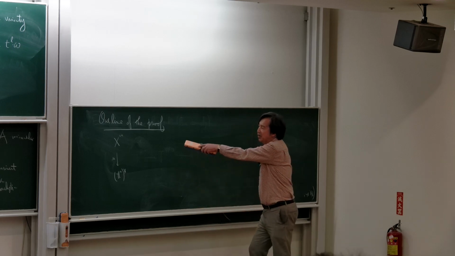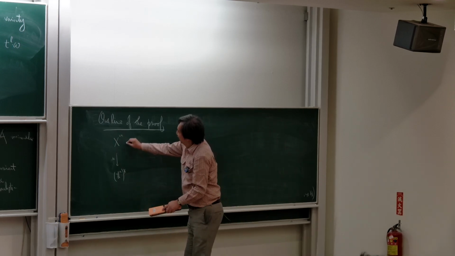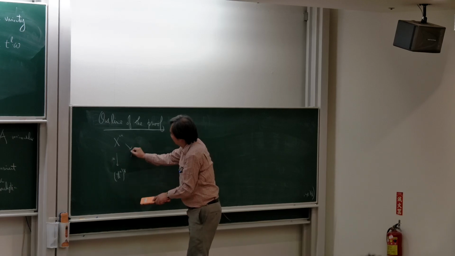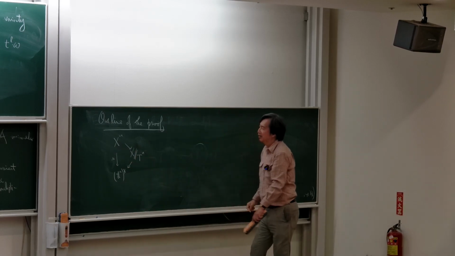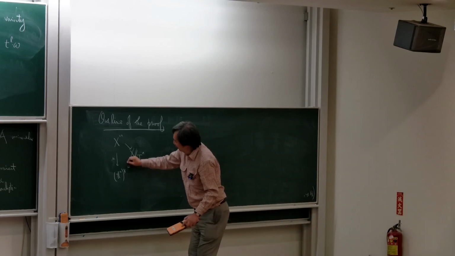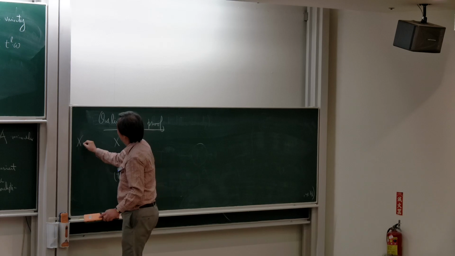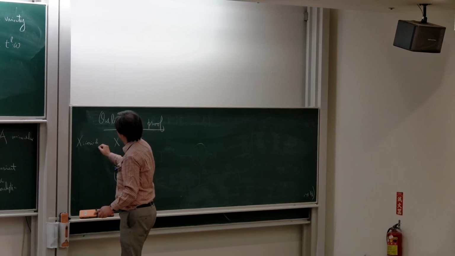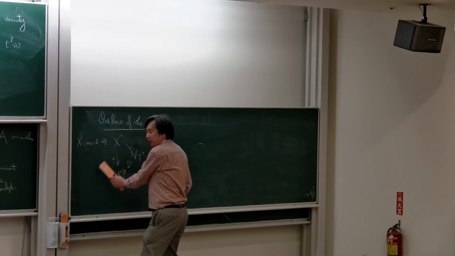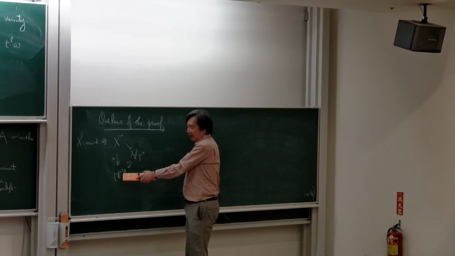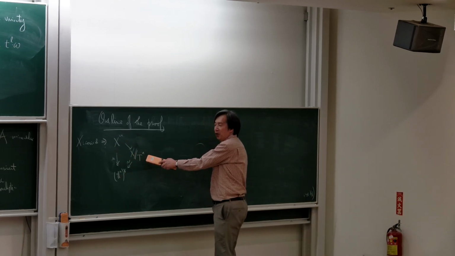Usually this moment map factorizes to a quotient map of Tn, but this is isomorphic, and this is surjective. So X is conical. Then you get the following picture. So the moment map is nothing but a quotient map of the Tn action.